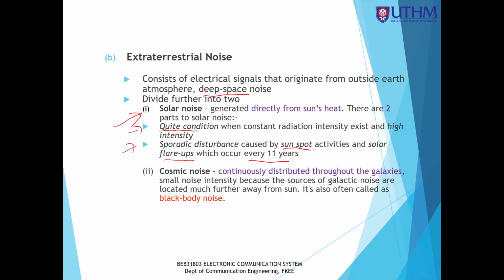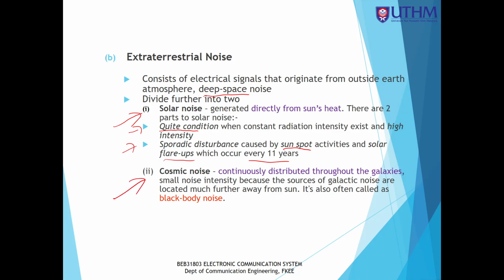Okay, so matahari tu dia tidak statik, dia sentiasa mendidih, dia akan sentiasa seperti something like gunung berapi, tetapi dia punya lava itu sentiasa keluar. So that's why it also produces a small noise, small amplitude noise, okay, due to the heat.